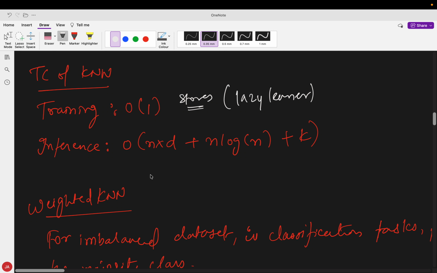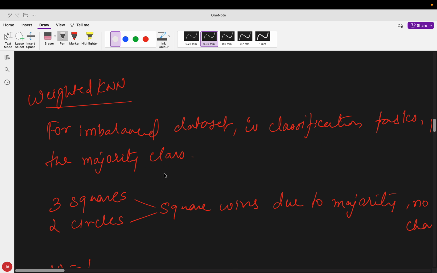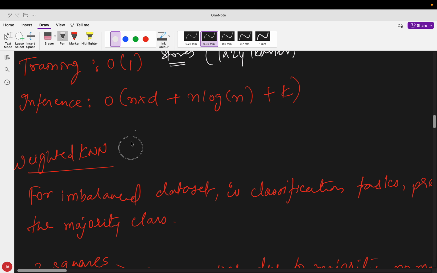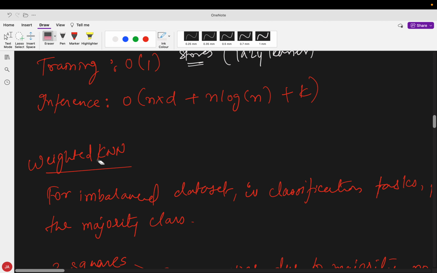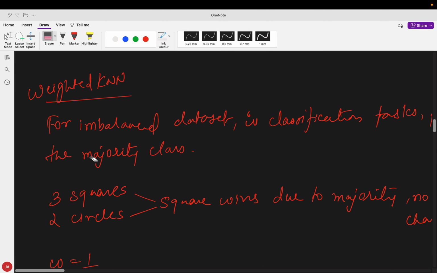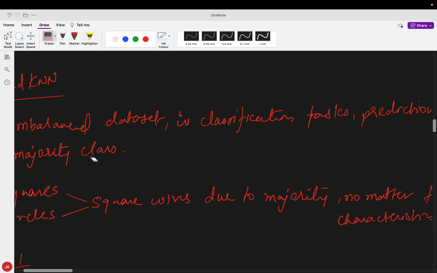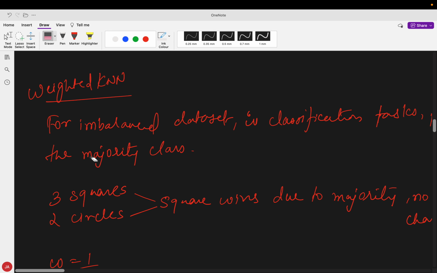Then we also have weighted KNN. This is useful for imbalanced datasets, which I have already mentioned. For an imbalanced dataset in a classification task, prediction favors the majority class. Let's say we have picked 5 neighbors, but out of 5, three are from the majority class and two are from the minority.